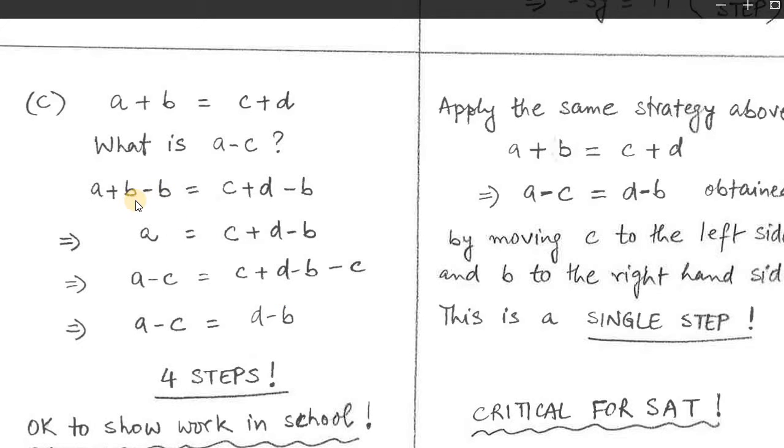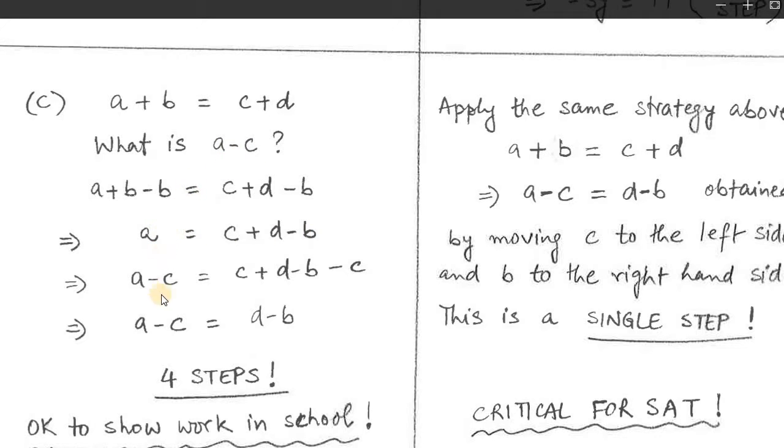Typically what we do in school is, you want a minus c. So given this, you want to get rid of a plus b. So we subtract b on this side and subtract b on this side as well. So then we are left with, these two cancel off, a equals c plus d minus b. And then we need a minus c.